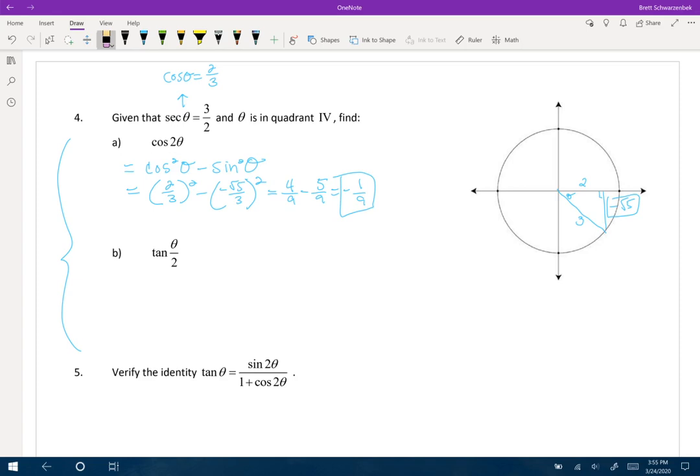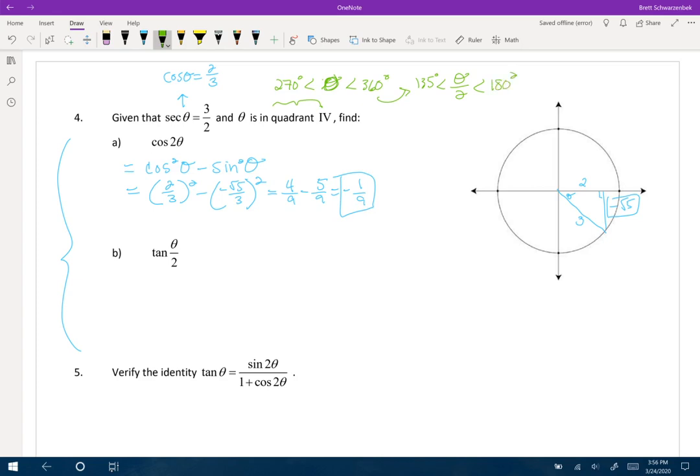So for example, if it's in quadrant 4, that means we're starting at 270 and we are ending theta at 360, which means that theta over 2 is going to be between the half value of both of them.